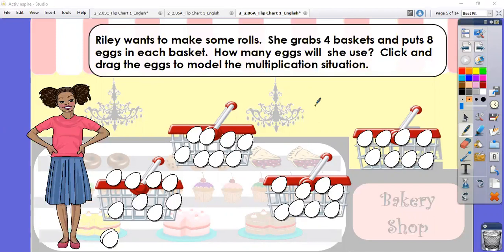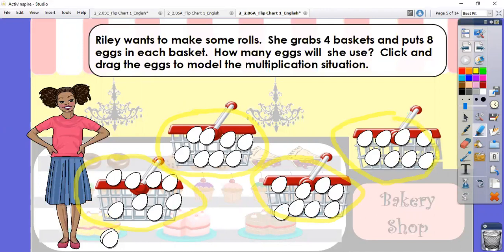What we're going to do in our notebook, we're going to make a recording of what we see here. So let's see, how many groups do we have? I have a group right here. That makes 1 group. 2 groups. 3 groups. And 4 groups.